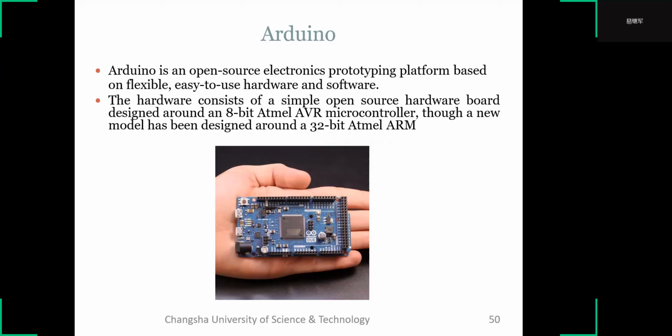The hardware consists of a simple open source hardware board designed around an 8-bit Atmel AVR microcontroller, though a new model has been designed around a 32-bit Atmel ARM.